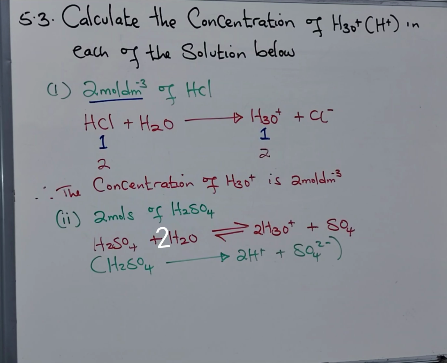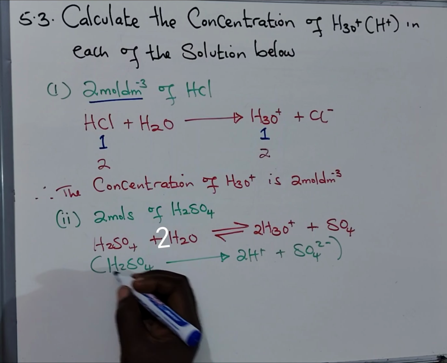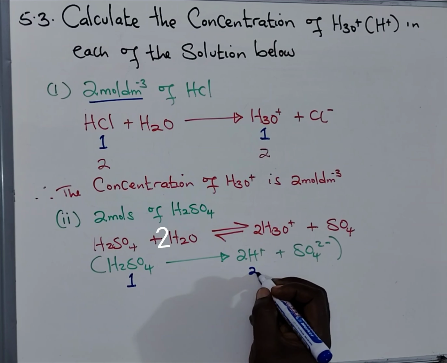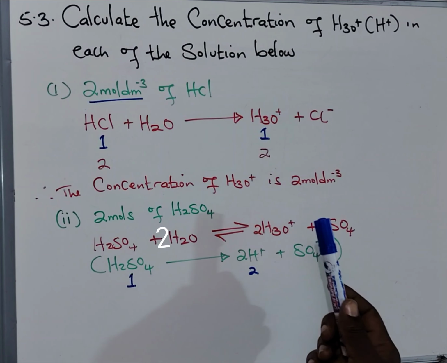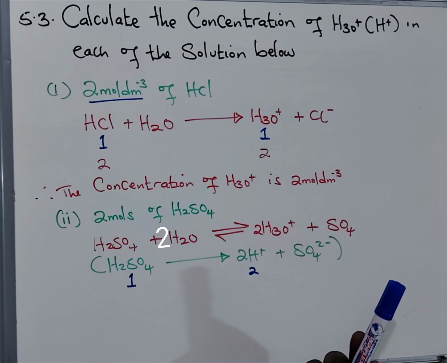So when you come to this situation, what do we do? You have this one, the number here is 1, and the number here is 2. You have to remember that hydrogen ions are the same as hydronium ion, but these ones are in water. And remember, any acid actually is a solution, so water is always there. So what do we do? You check for what is given.